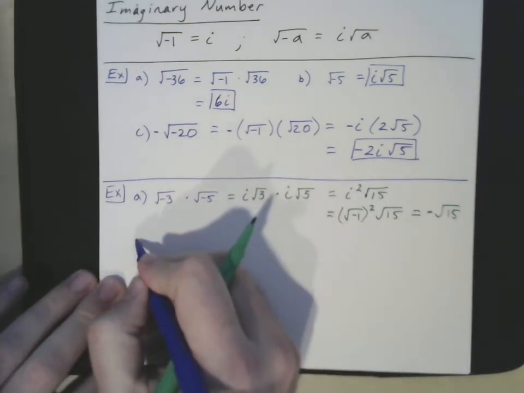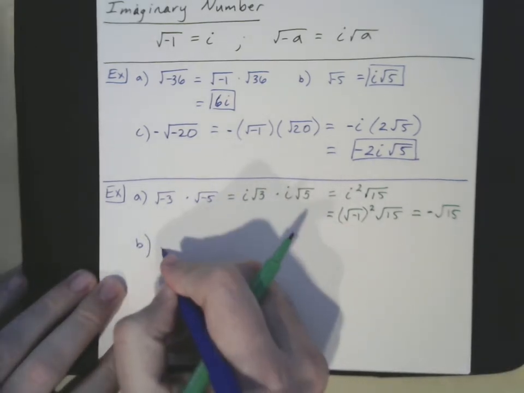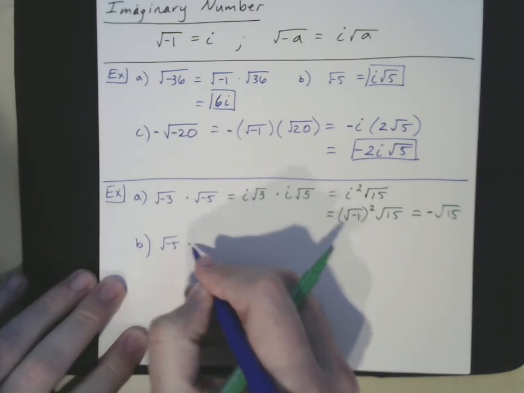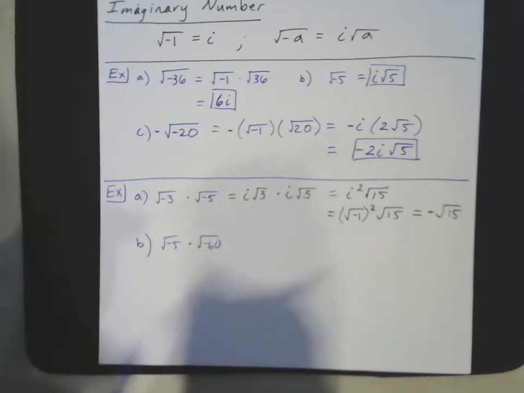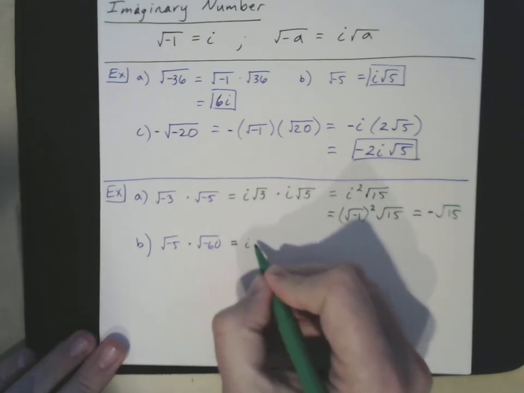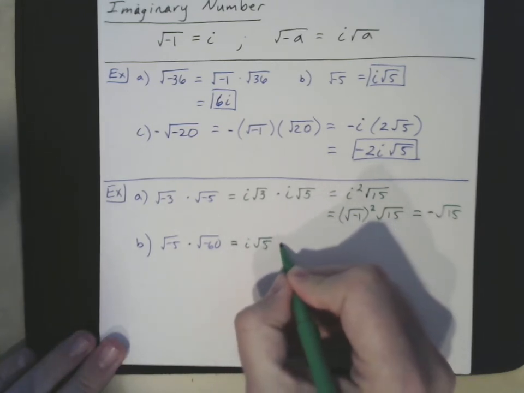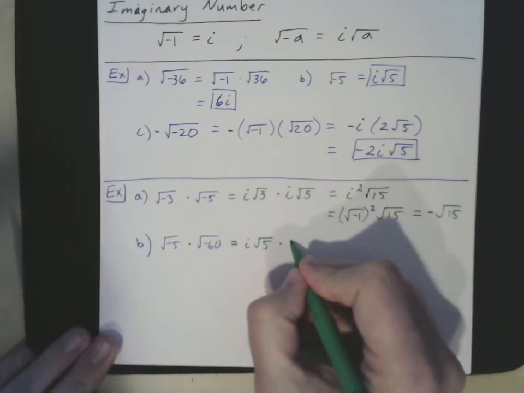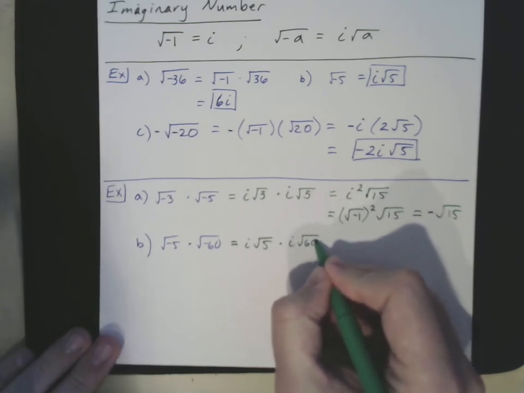Okay, let's try a couple more here. Square root of negative 5 times the square root of negative 60. So this becomes i times the square root of 5 times i times the square root of 60.